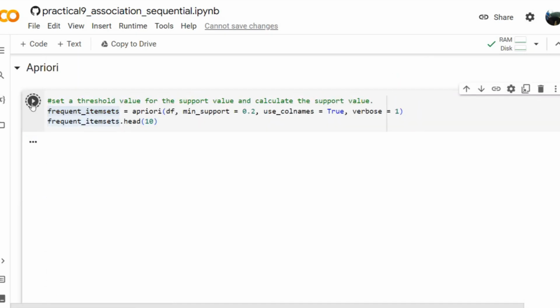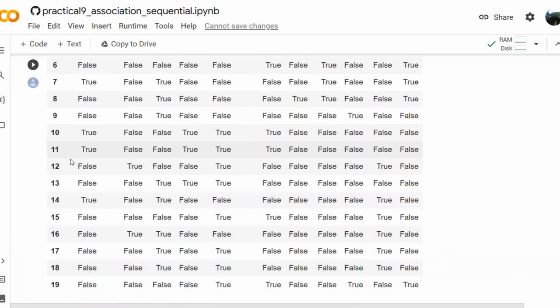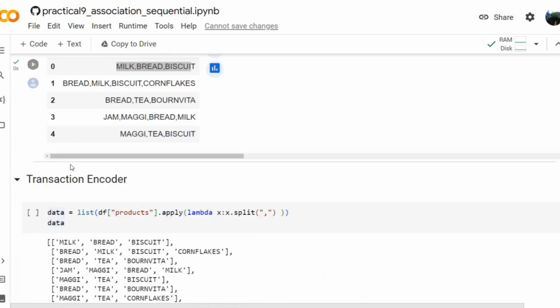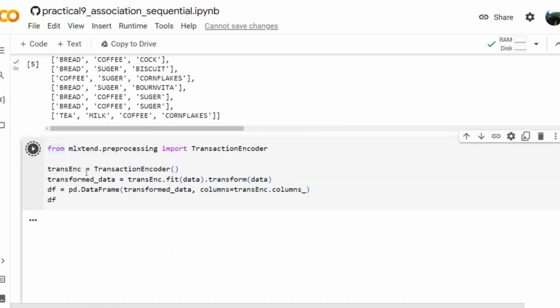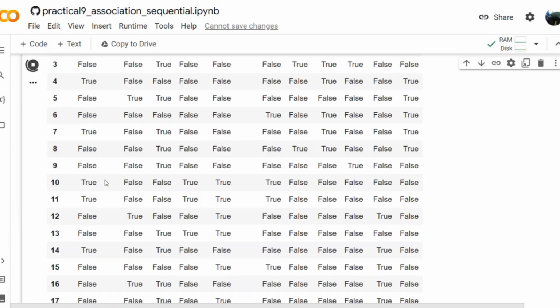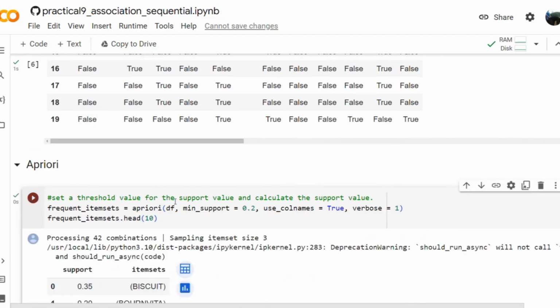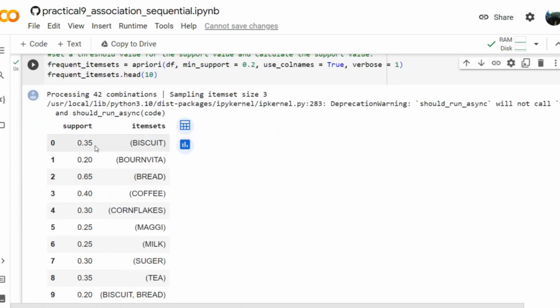Once you call this function, you're going to have the frequent item sets passed back to you. So here you can check. I think I already called this one. Okay, so all of these item sets are frequent.